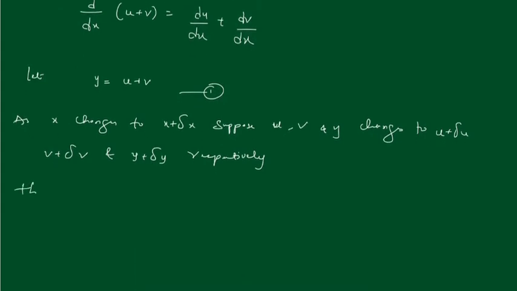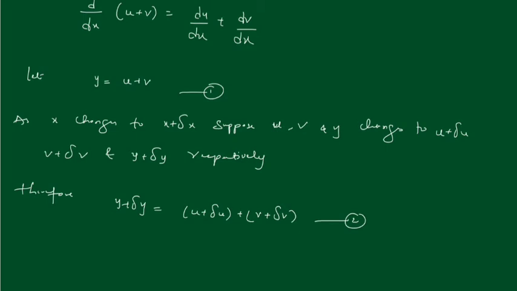So therefore just substitute here: y plus delta y equals u plus delta u plus v plus delta v, take it as equation 2.